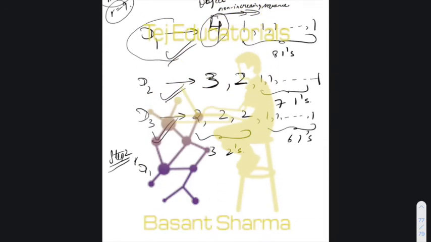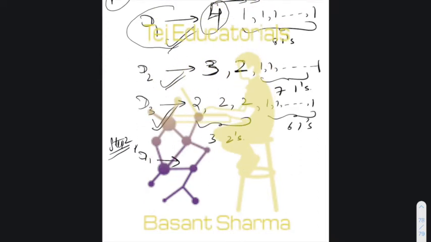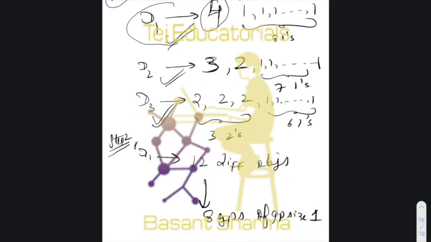Now step 2 is, corresponding to D1, in how many ways can you form these 9 groups, right? You have 12 different objects and you want to form 9 groups. So corresponding to D1, we have 12 different objects which must be divided into 8 groups of group size 1 and one group of group size 4.